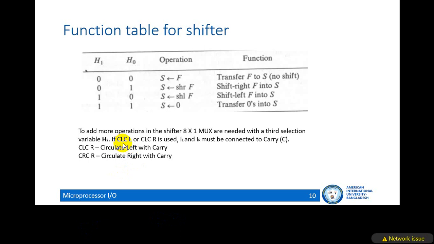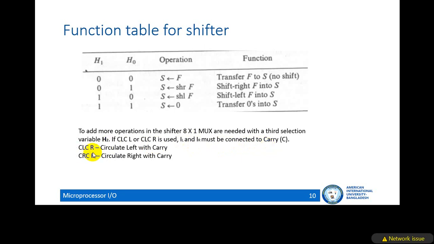For example, circulate left with carry, CLC, and circulate right with carry, CRC. If CLC and CRC are used, then IL and IR must be connected to the carry bit.